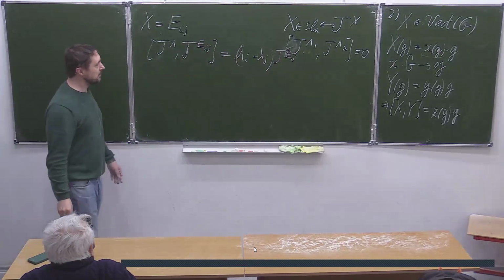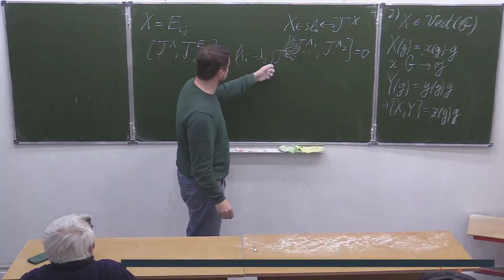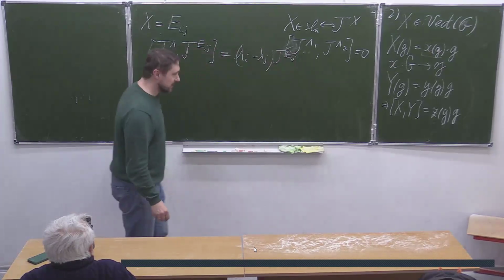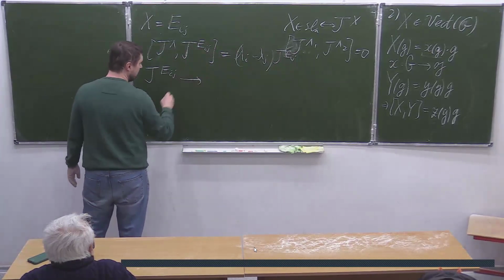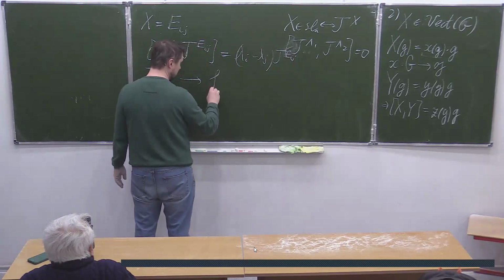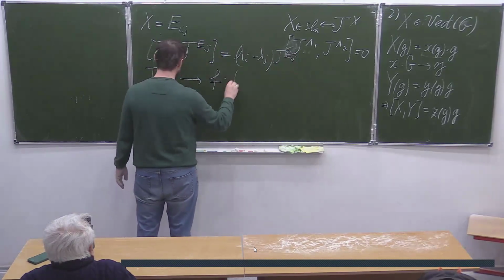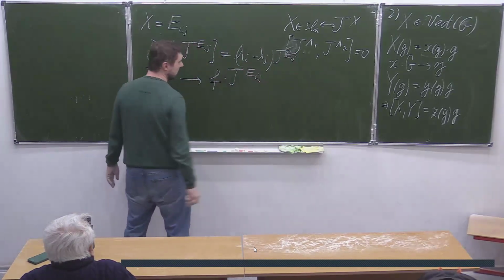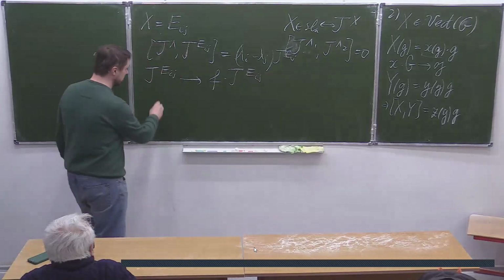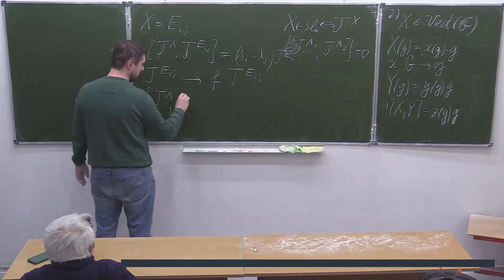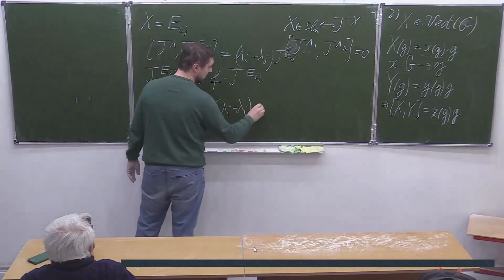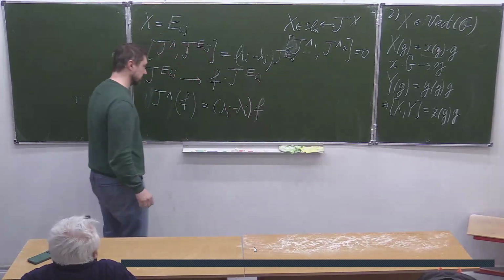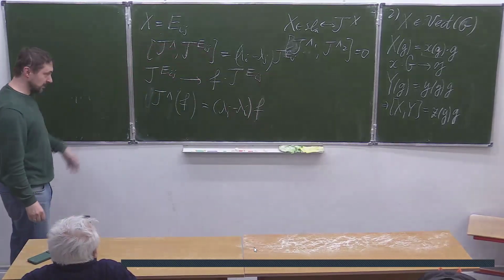Okay, I need to do something with this vector field to compensate this factor. And this is done by multiplying t e ij by a certain function f, on which t lambda acts by lambda j minus lambda i times f, by this formula. I can give you this construction in a general situation.